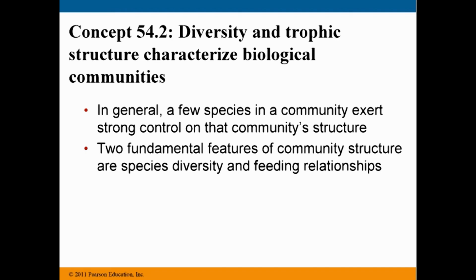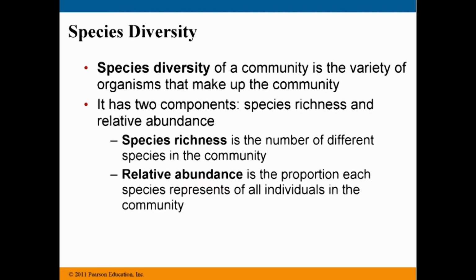Two fundamental features of community structure are going to be species diversity and feeding relationships. Species diversity is defined as the variety of organisms that make up the community. The variety of organisms that make up a community.